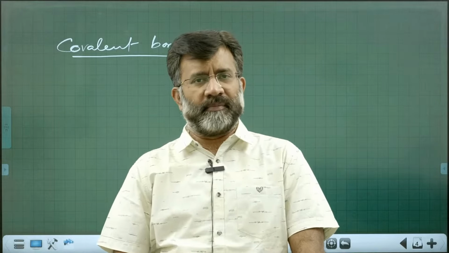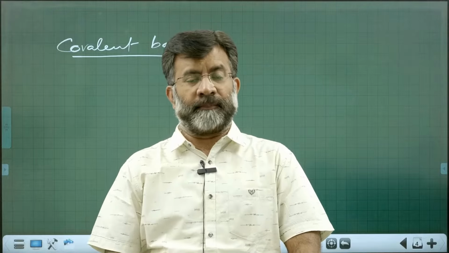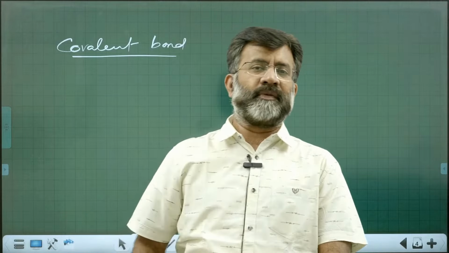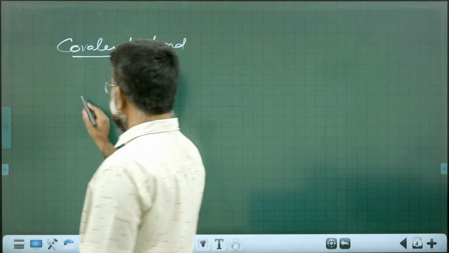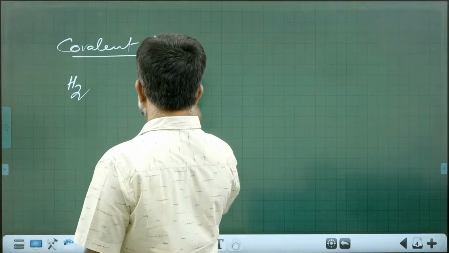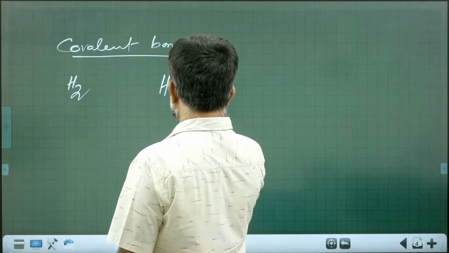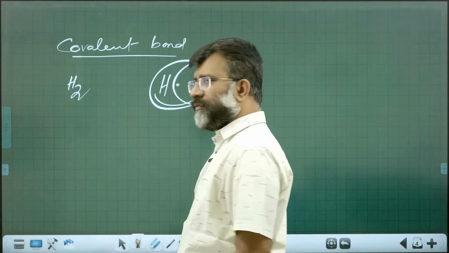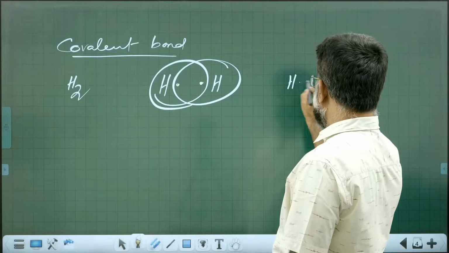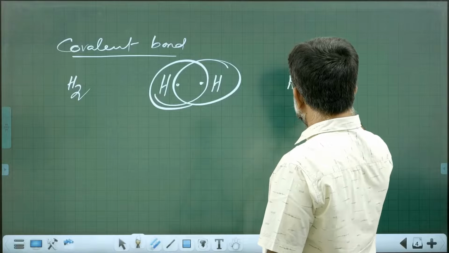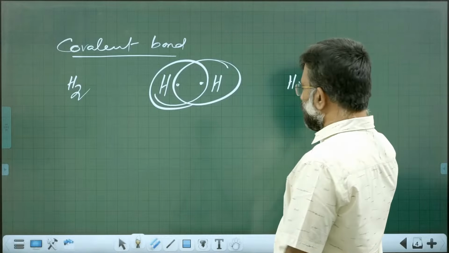It is formed by the mutual sharing of one or more pairs of electrons between two atoms. For example, formation of the H2 molecule. Hydrogen comes with one electron, another hydrogen comes with one electron, and there is a mutual sharing of electrons, and we represent it as H-H. And this electron pair, we call bond pair electrons.